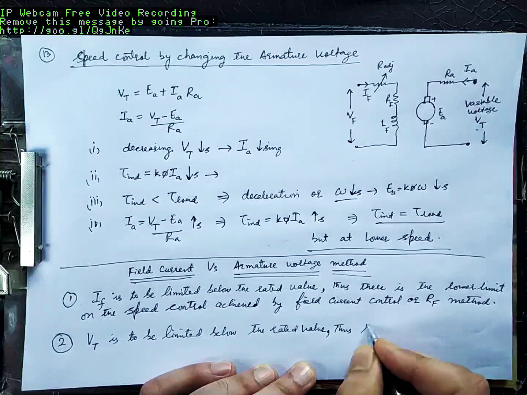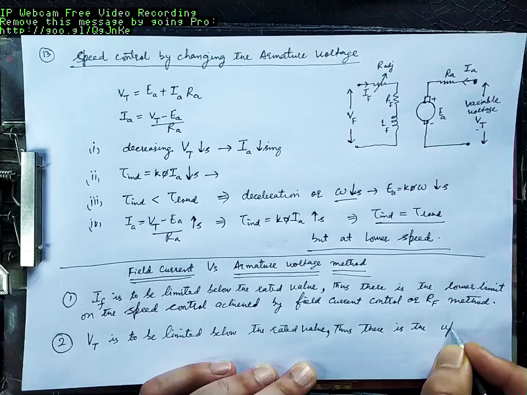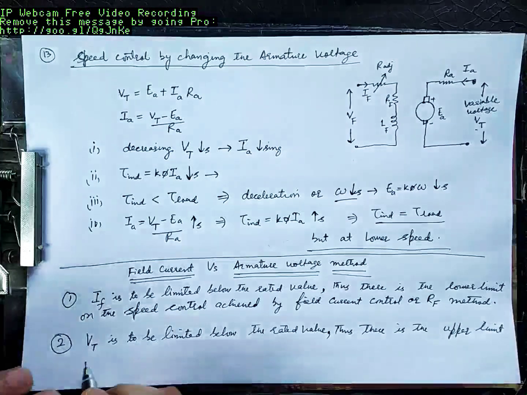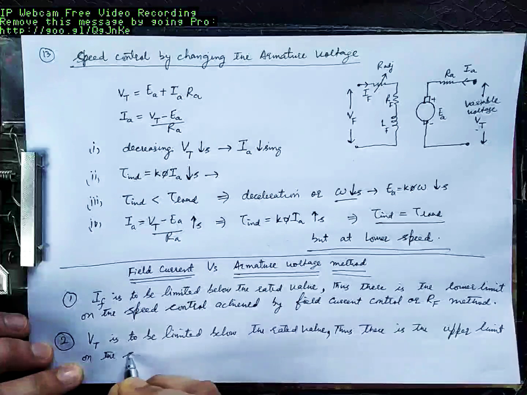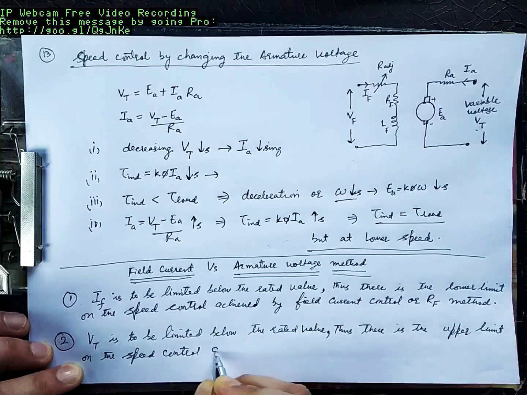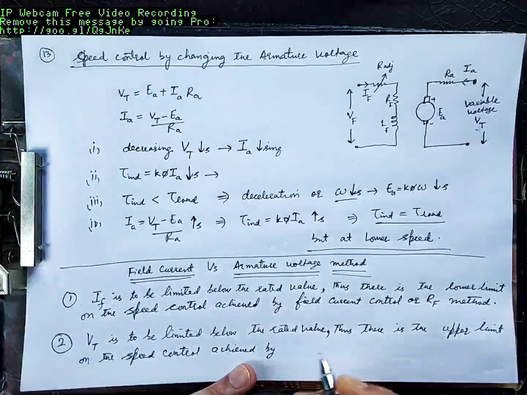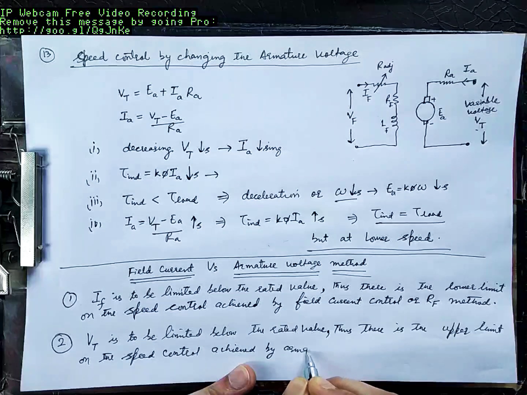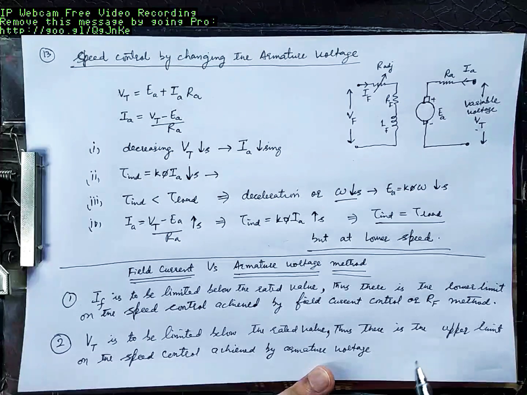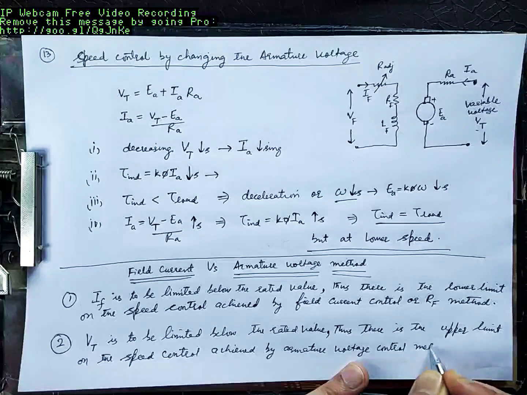Thus, there is an upper limit on the speed control achieved by the armature voltage control method.